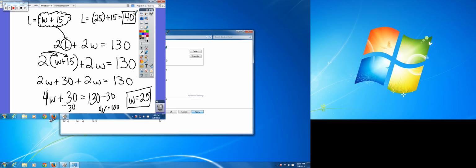So 40 foot by 25 foot. And that's how you do it.